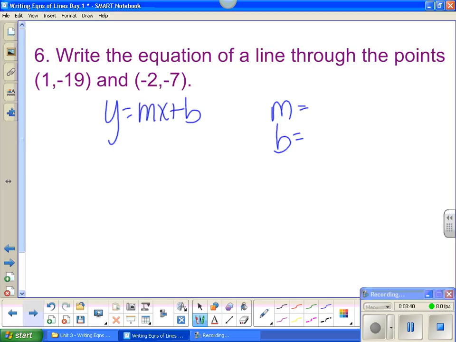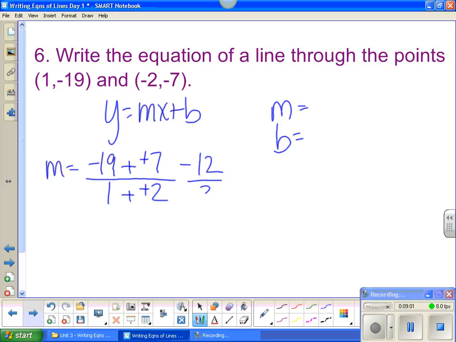y minus y over x minus x. m equals y minus y over x minus x. So that would be -12 over 3, which is -4.